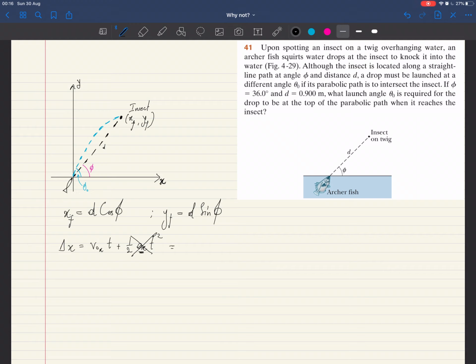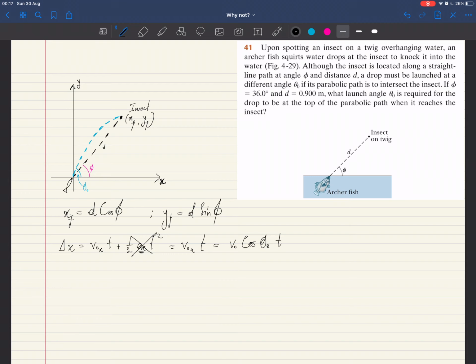What we have left is v0x times t, which we can write as the initial speed times cosine of our angle of launch. Remember, our angle of launch is not phi; that was the angle of inclination which the fish needs to observe the insect. What we're interested in here is the angle of launch, theta 0. So we have v0 cosine theta 0 multiplied by t.